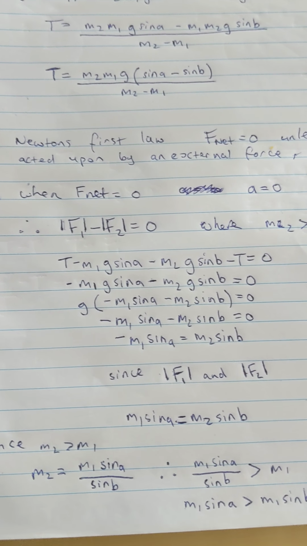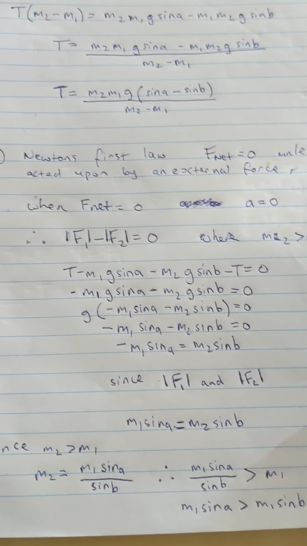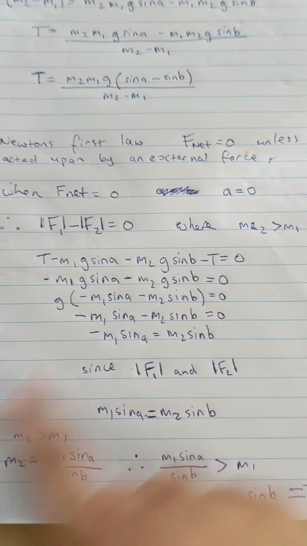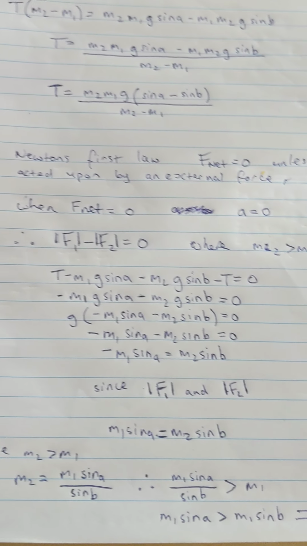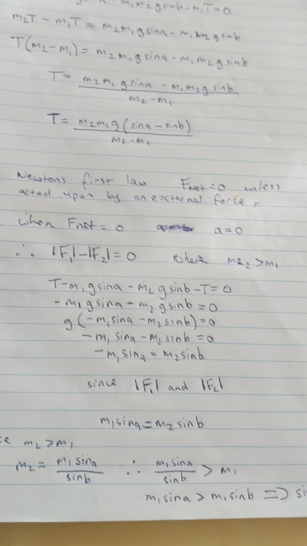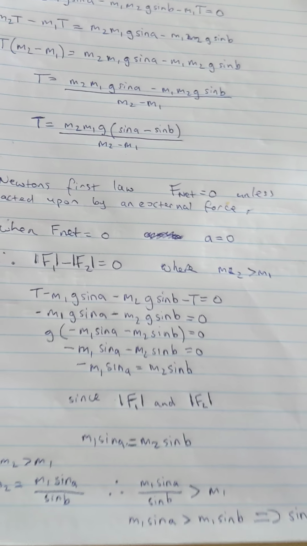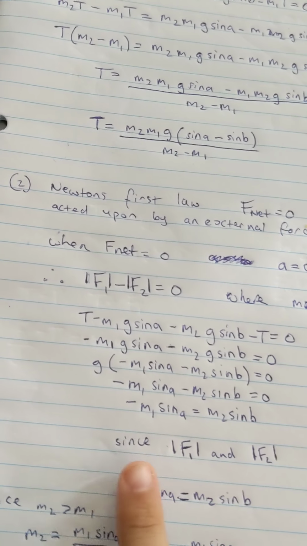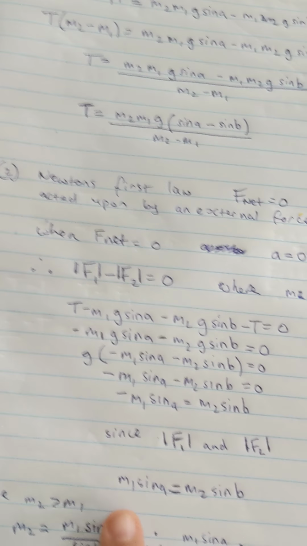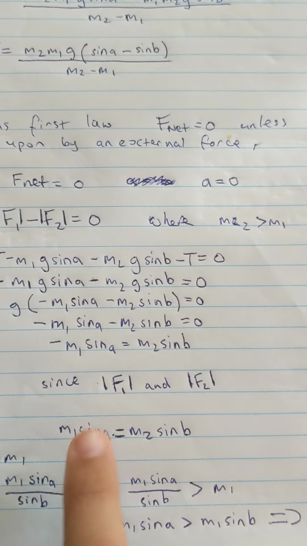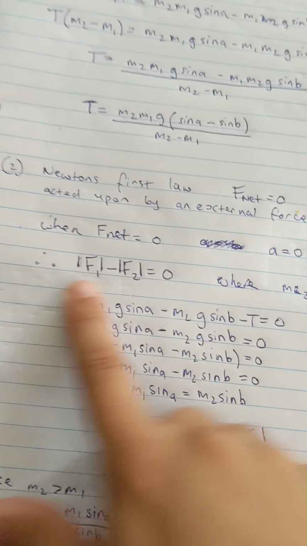What we're saying there, looking at my diagram, is that the force vectors are negative of each other. For them to cancel out, you have to have a force vector in the opposite direction. But since we want the magnitudes of force 1 and force 2, we need mass 1 sine alpha to equal mass 2 sine beta, because that's what we're looking for, the magnitude.